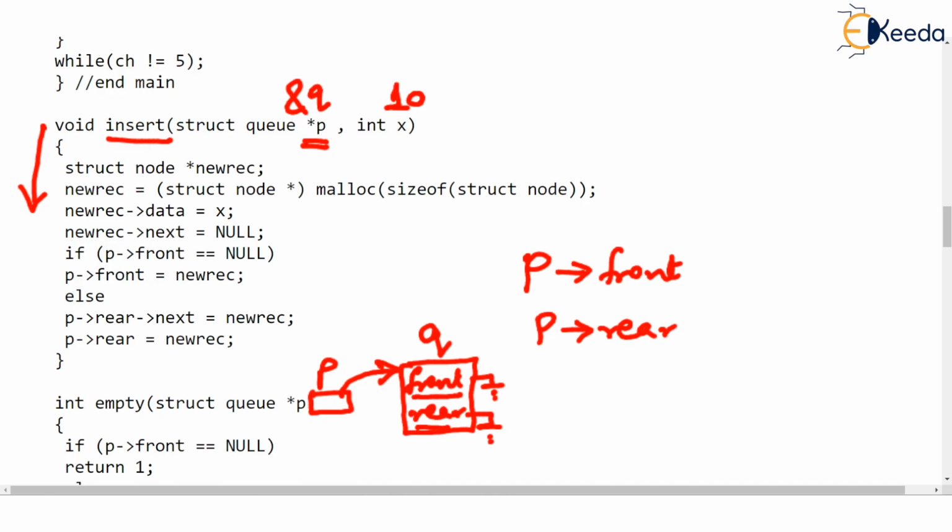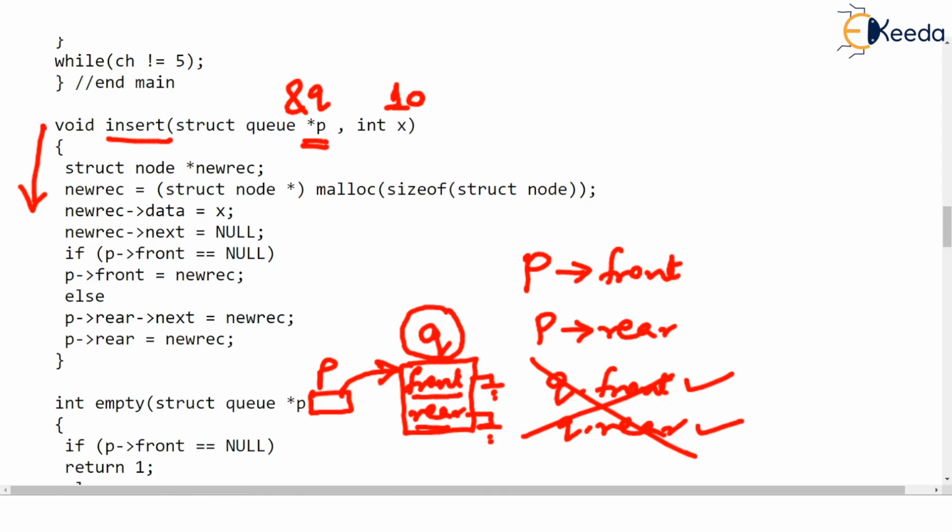But I cannot write q dot front, neither can I write q dot rear inside this function. This is wrong. Why? You know the reason, I am sure. Because this variable q has been declared inside main. So q dot front and q dot rear, these notations can be written only in main.